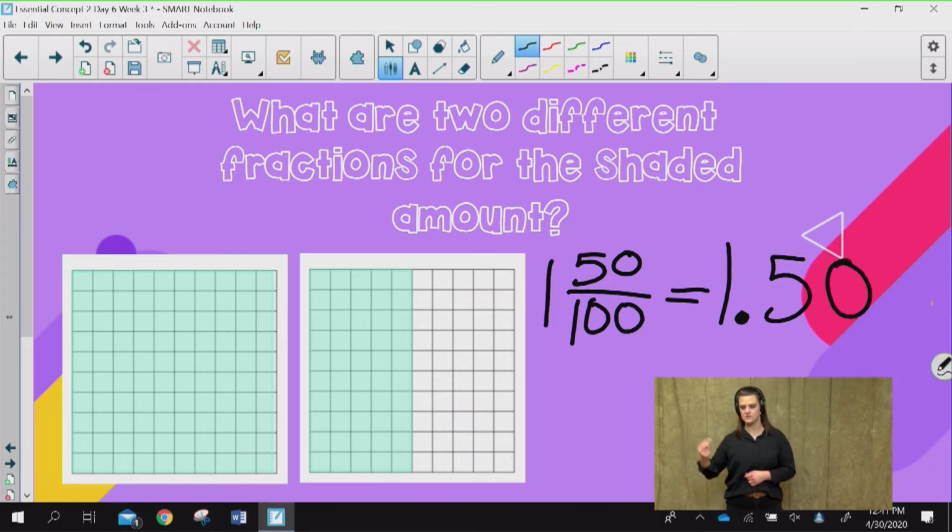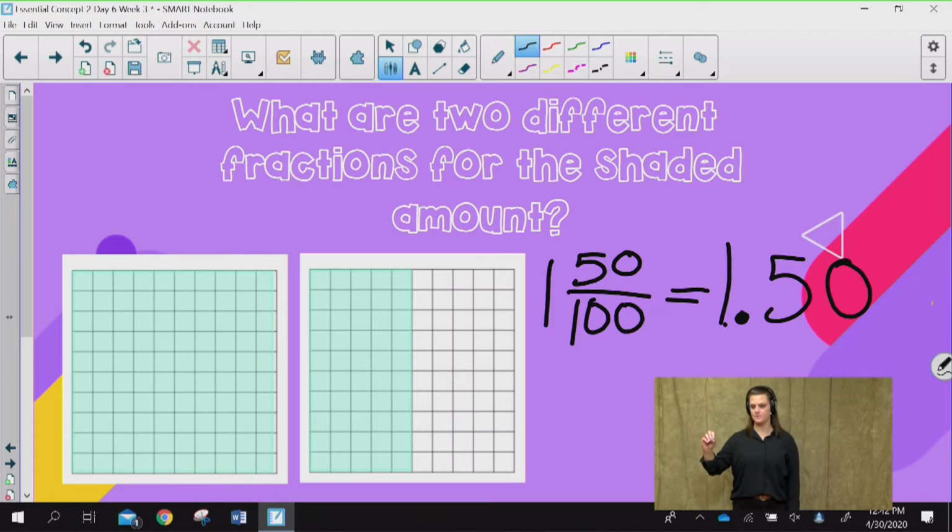Remember, I have a 1 in my ones place before the decimal. Any number before the decimal is a whole number. If it's after, to the right of the decimal, it's going to be our fractional part. So we have 50 hundredths.